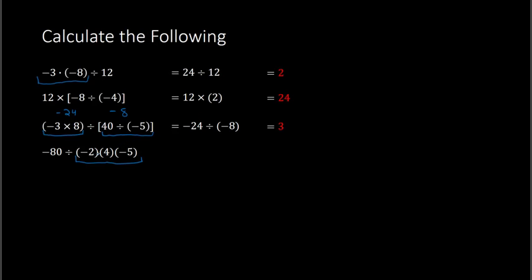So negative 2 times 4 is negative 8. Negative 8 times negative 5 is a positive 40. So we have negative 80 divided by a positive 40. So because the signs are different, we're going to have a negative number. And then 80 divided by 40 is 2. So my solution would be negative 2.